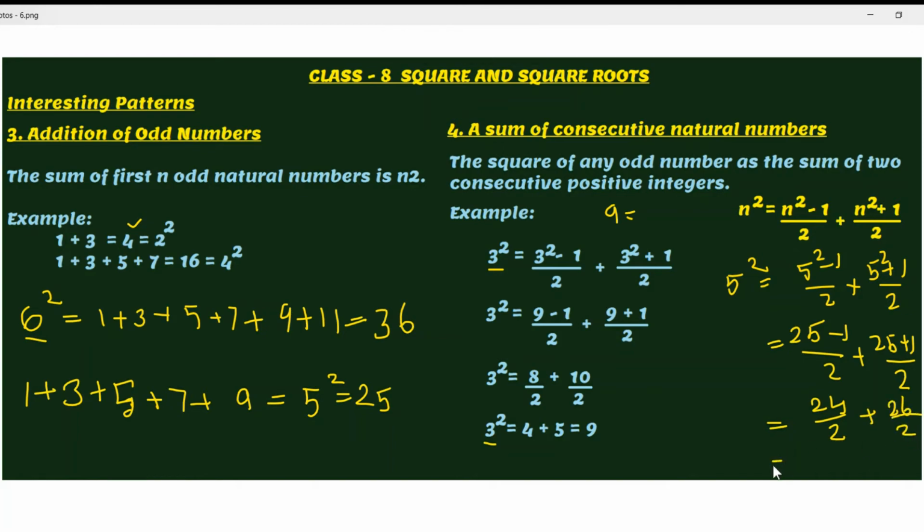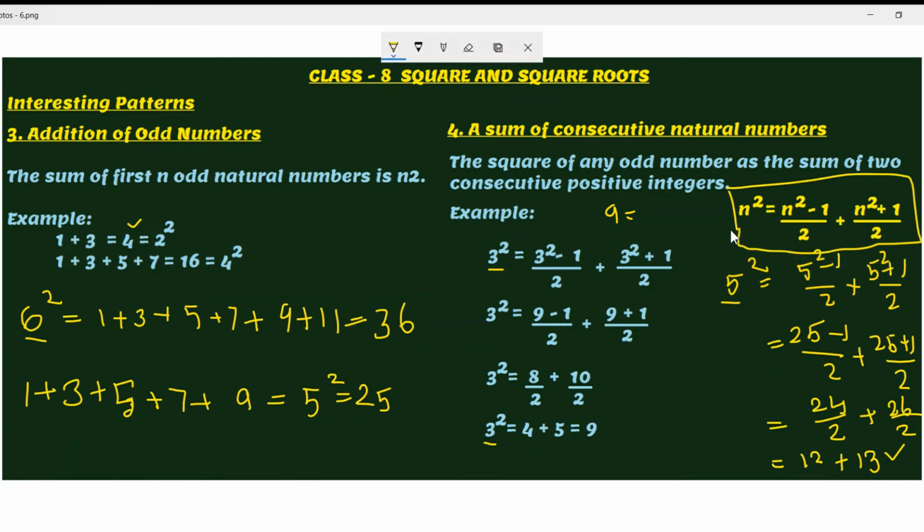Now we can write 12 plus 13. So we have written 5 square in the form of the sum of 12 plus 13. In this way, we can find two consecutive positive integers for the square of an odd number. For that, we have to use this formula.